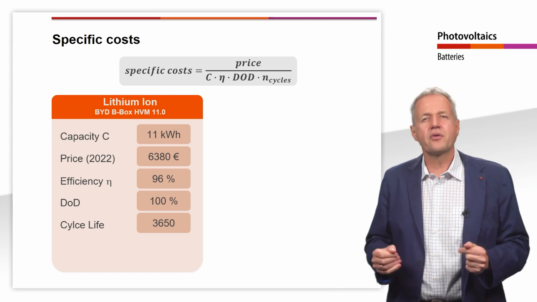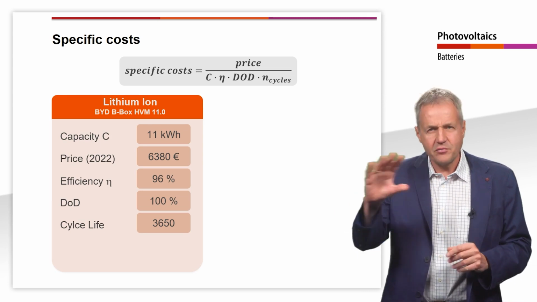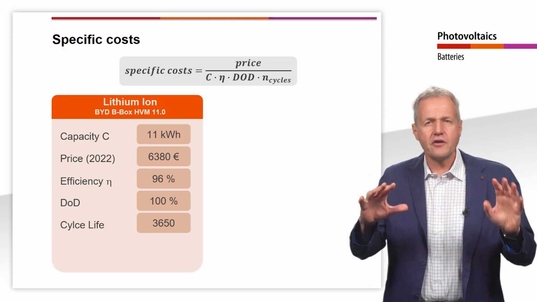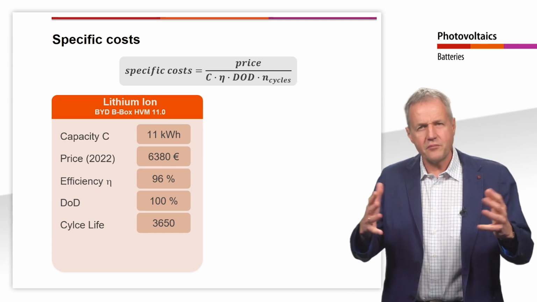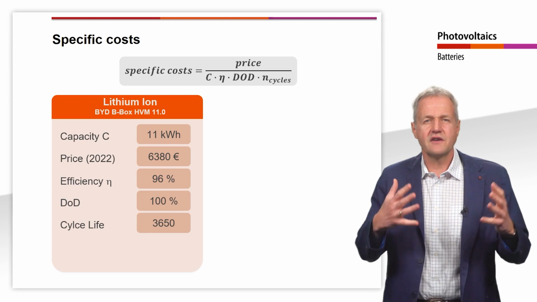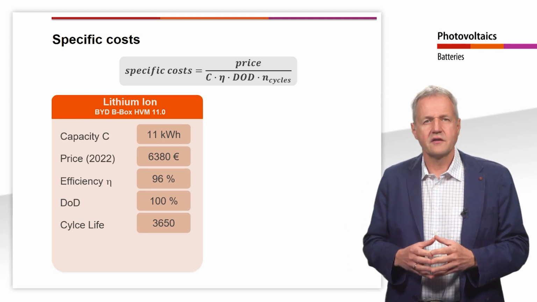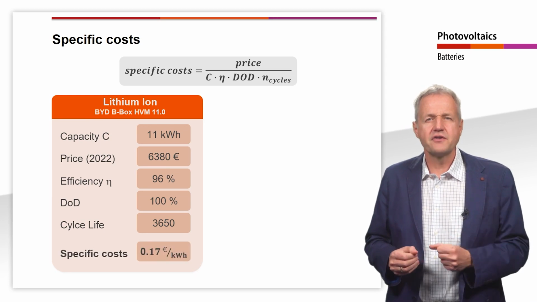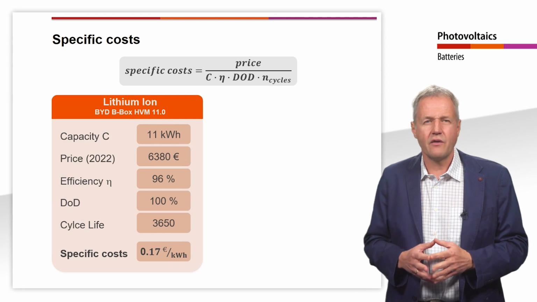To calculate the price per stored kilowatt hour, we divide the sales price of the battery by the amount of energy that can be stored over its lifetime. This is the product of the capacity with the efficiency, the depth of discharge, and the cycle life. For the battery shown here, we get a value of 17 euro cents per kilowatt hour.